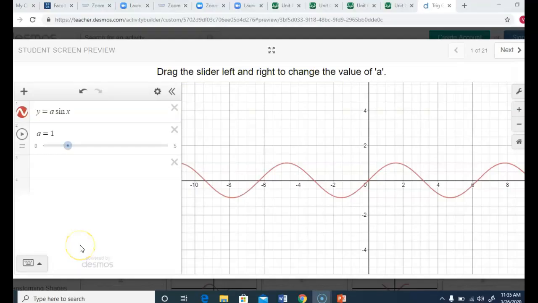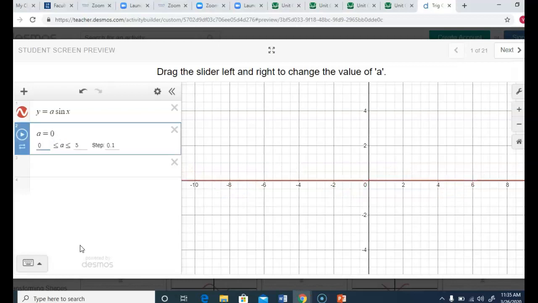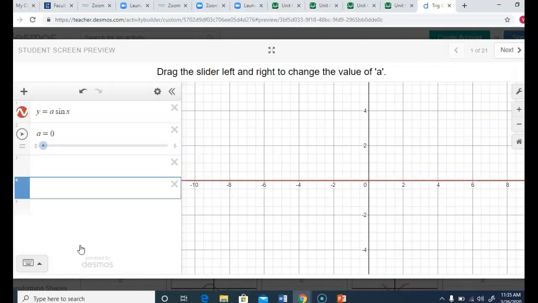Okay, I'm back to Desmos for a demonstration on some of the different translations that we can do with our sine and cosine graphs. Typically, I do this as an activity in the class, but because we're not in class, I'm just going to demonstrate some of this for you. If we look at this, we're talking here about sine. We're putting an a in front of it.